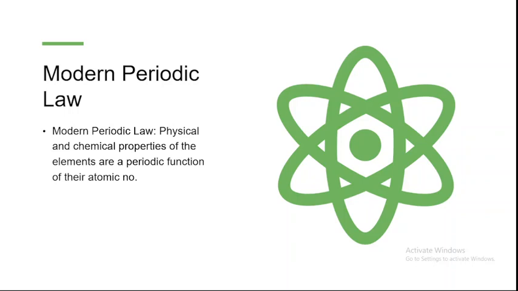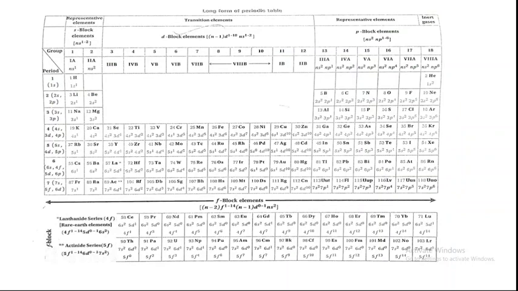In this table also there is some contradiction regarding the position of hydrogen, but this is not so mandatory. The success of the table is far greater than the limitation. So this table is very important, and this table is nearly the correct one.